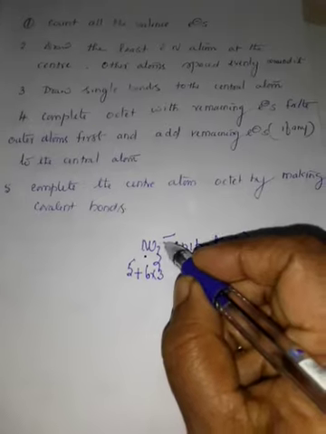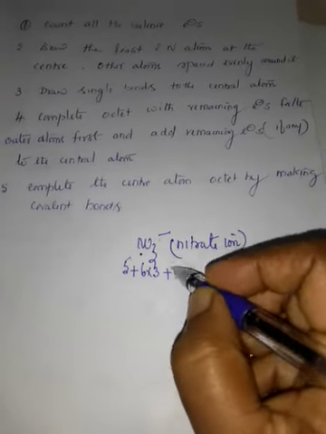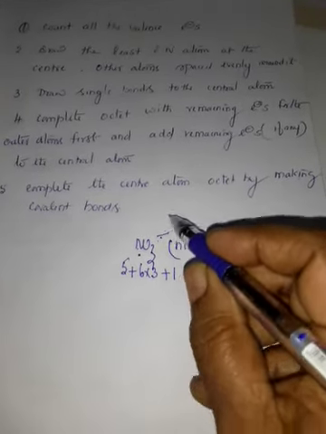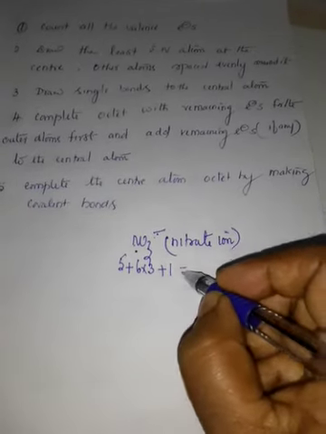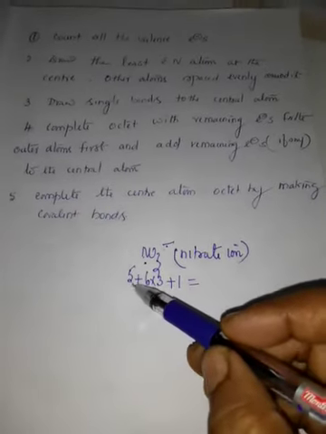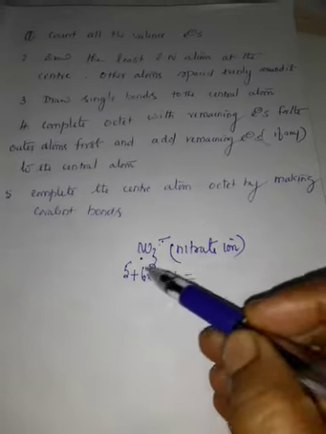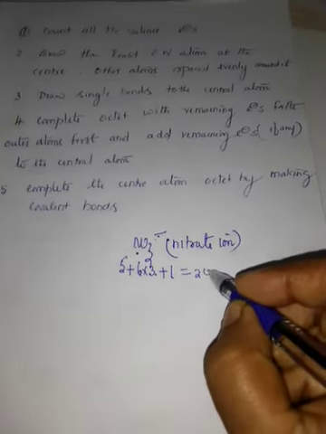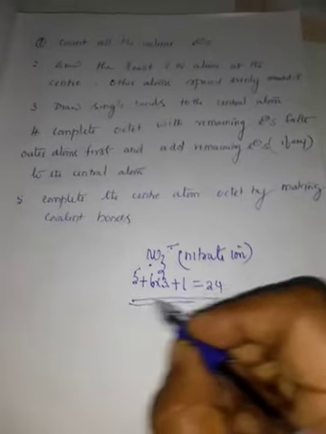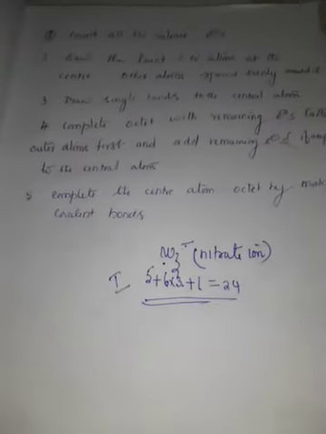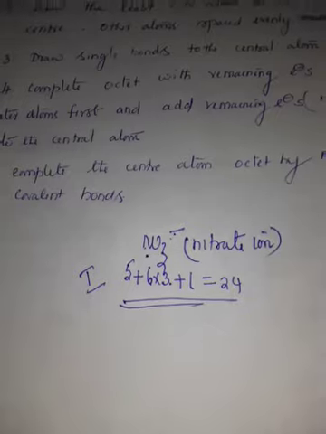If there is a negative charge, you have to add 1. If there is a positive charge, you have to subtract 1. That is the rule. So now you add: 6 threes are 18, plus 1 is 19, plus 5 is 24. Totally 24 electrons. This is the first step, adding the valence electrons.